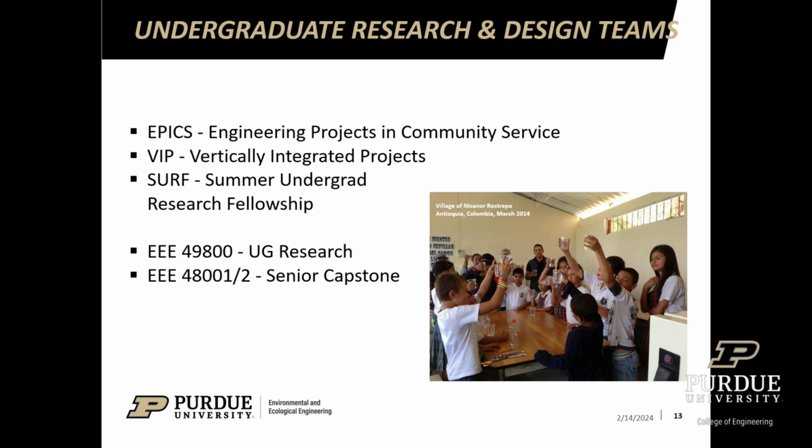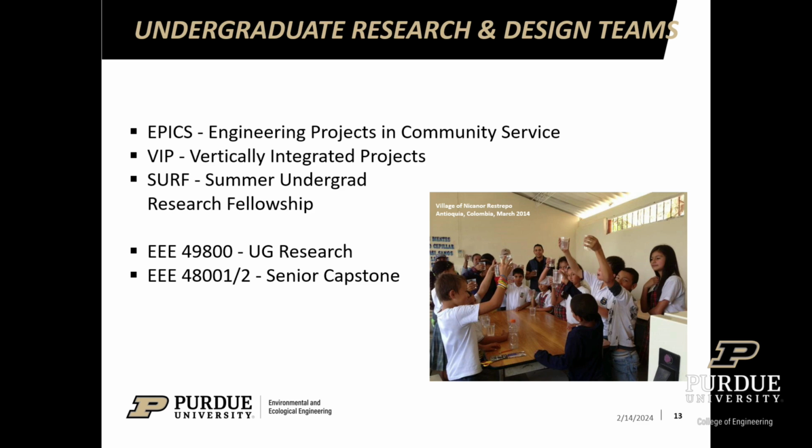If not, EPICS is the Engineering Projects in Community Service. There are EEE opportunities for you to get involved there. Likewise, VIP is the Vertically Integrated Projects Program, and you'd have opportunities there.